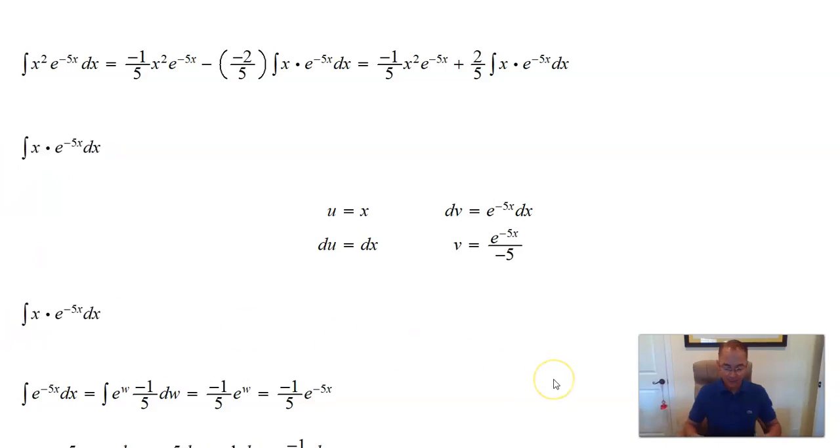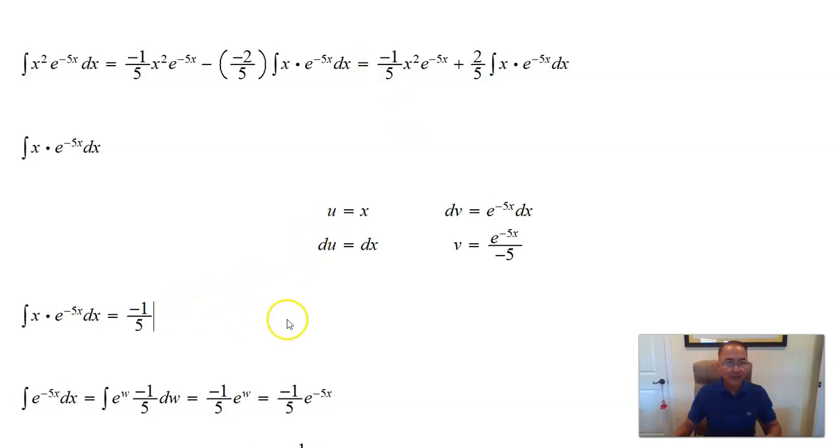So now we can apply the integration by parts formula. This antiderivative is u times v. So we're going to multiply these two together. And I think we'll want the minus 1/5 like before. And x times e to the minus 5x. Okay, so that's u times v minus the integral of v du.